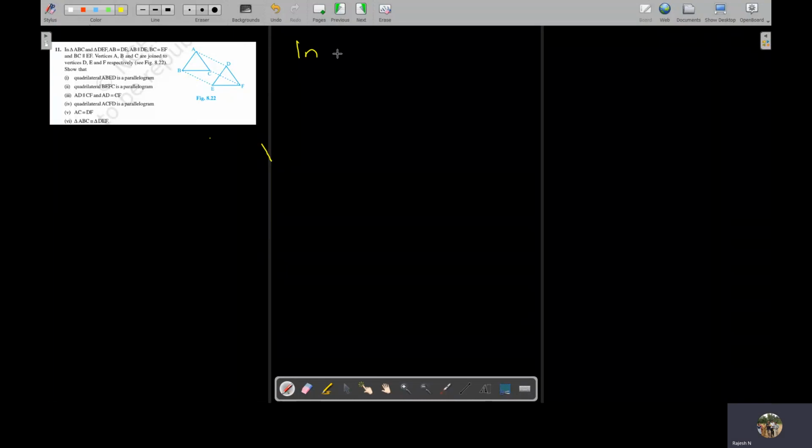So in quadrilateral ABED, what can you say? AB is equal to DE and AB is parallel to DE. You know, in a quadrilateral, if one pair of opposite sides are equal and parallel, then it is a parallelogram.